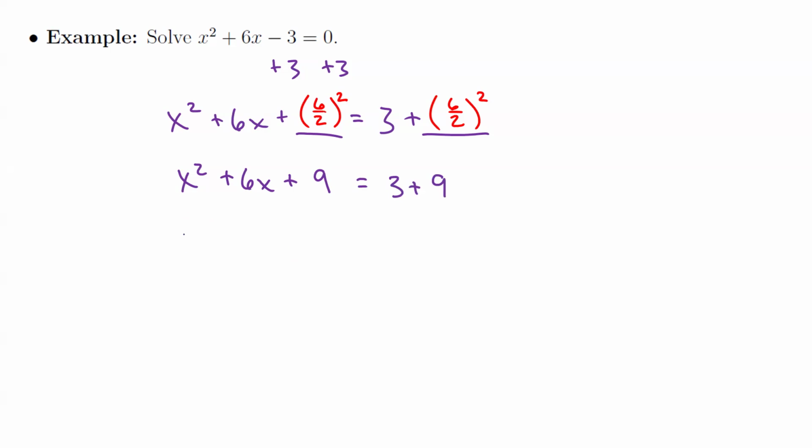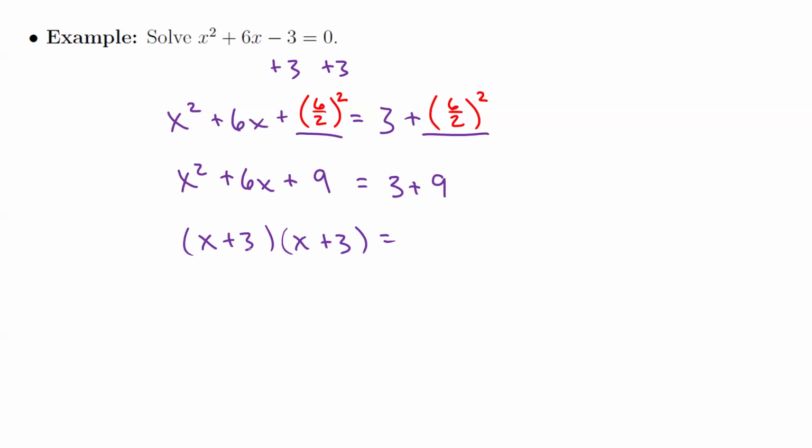So the left side here, we know is going to factor into x plus 3, x plus 3. If you forgot the formula approach, if you forgot what do I add to both sides again, then remember you'd think about how you want it to factor, and you would say outside plus inside must equal 6x.